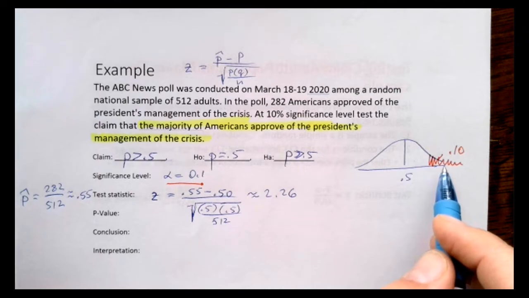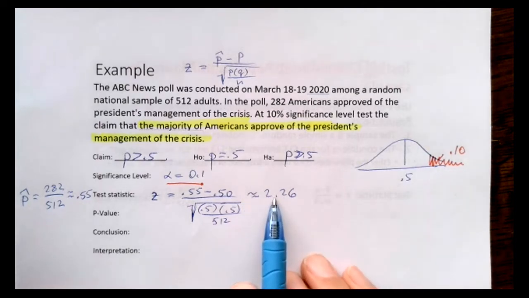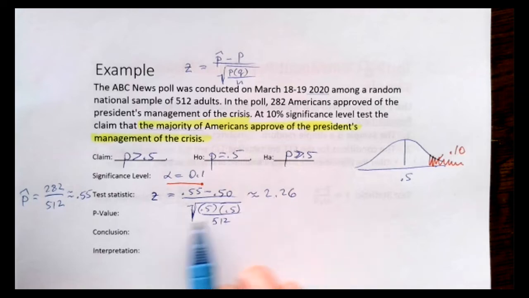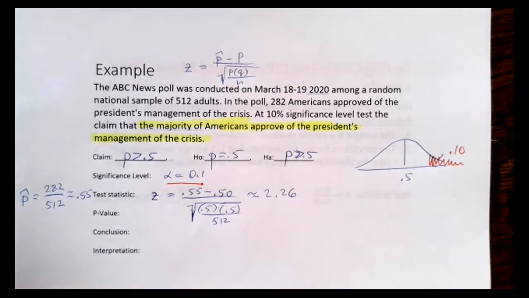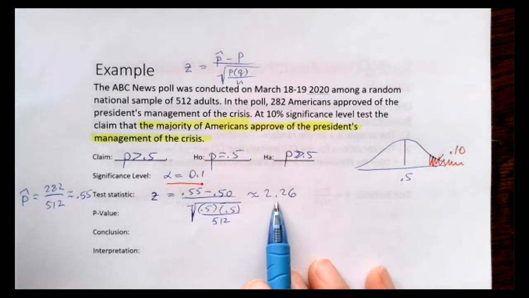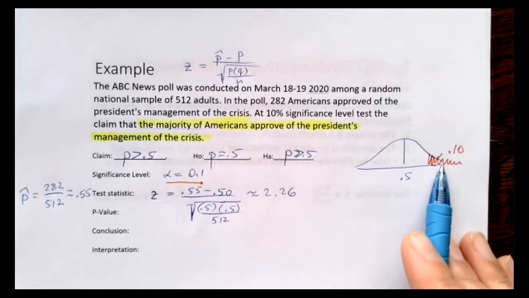We can figure it out in two ways. First of all, with the z-score of 2.26, remember our usual values are within 2 standard deviations, and z represents the distance from the middle in terms of standard deviations. So this is more than 2 standard deviations away from the middle to the right side.